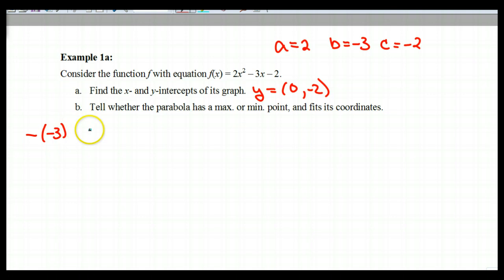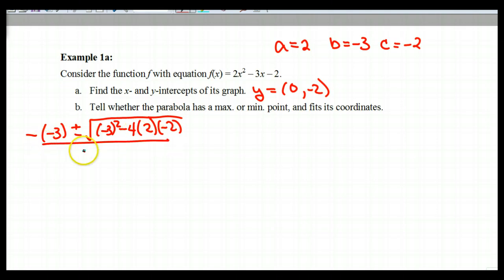Okay? Plus or minus the square root of negative 3 squared minus 4 times 2 times negative 2 over 2a. Over 2 times 2. All right?